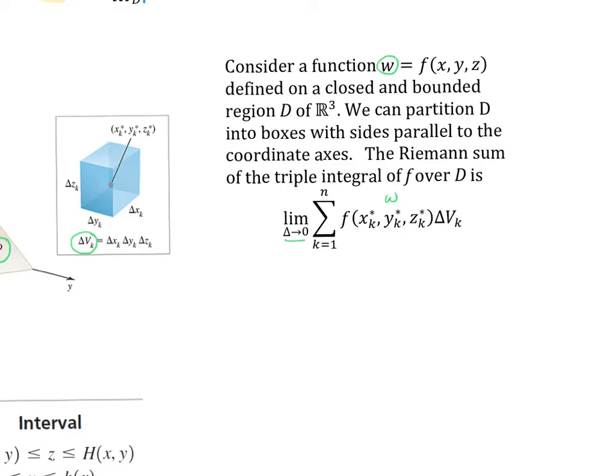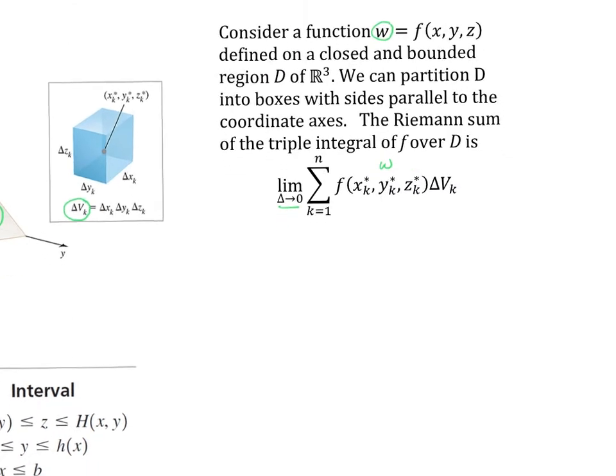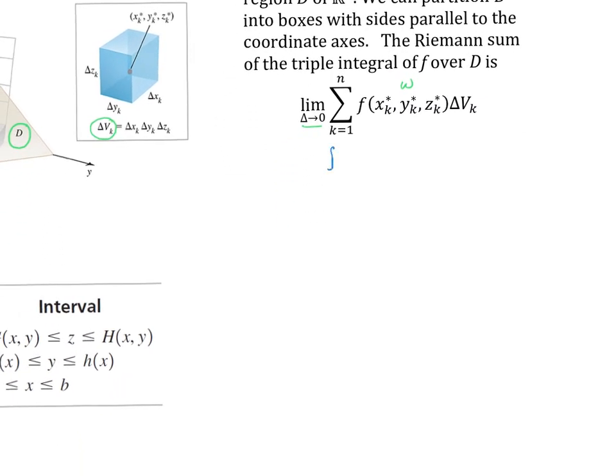As delta goes to 0, that's going to give us our triple integral over our region D, which happens to be a volume. And then we'll have our function in terms of x, y, and z, and then this would be a dV.